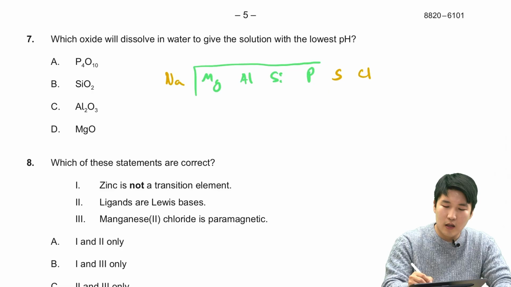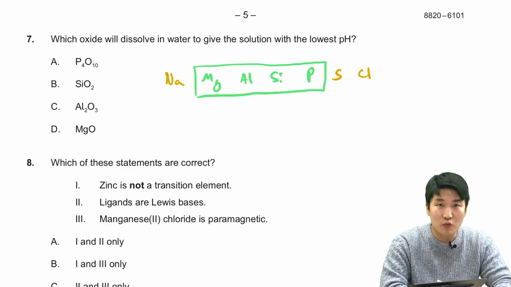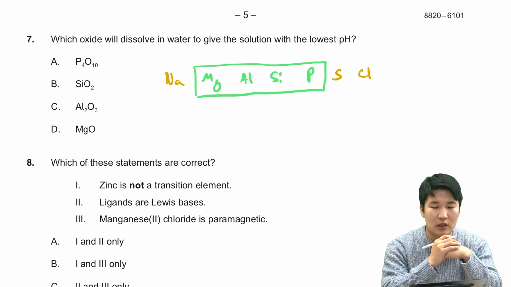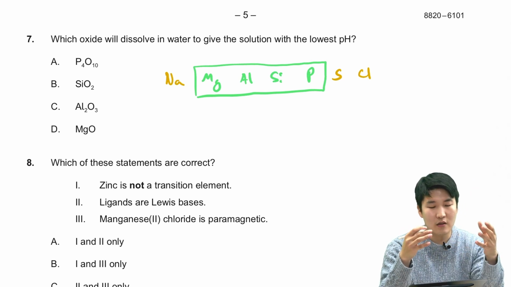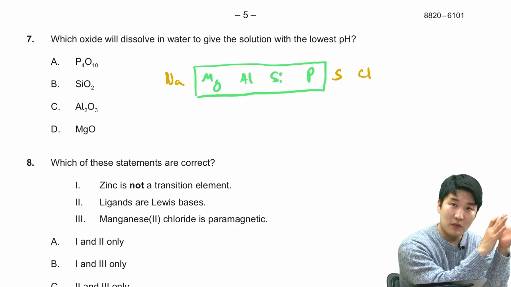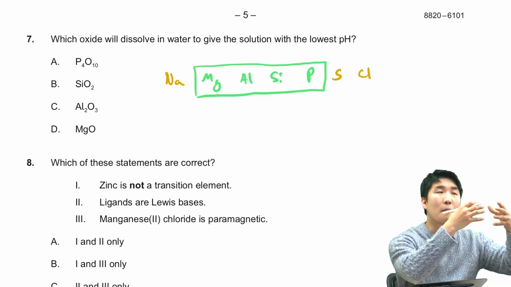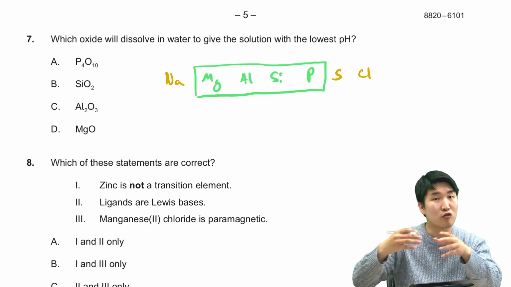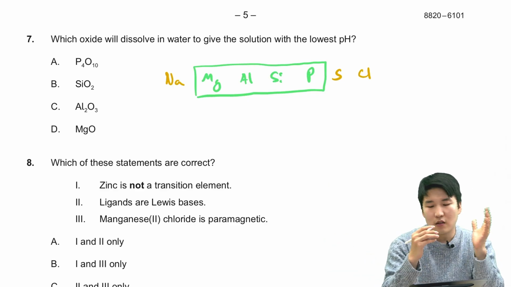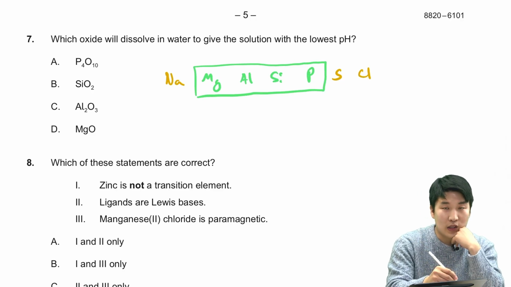The 4 period 3 elements we look at will have acid-base character. The acid-base character has this trend across period 3, doesn't it? Starting from the left to the right, we are basic, and then we become increasingly acidic. So phosphorus oxide, P4O10, will be acidic, while magnesium oxide will be basic.